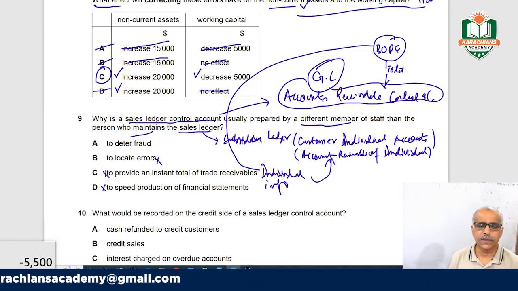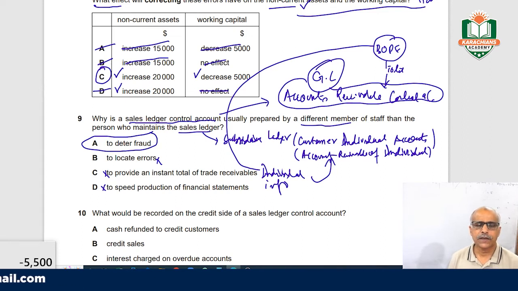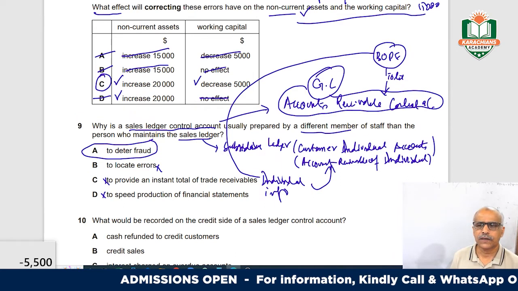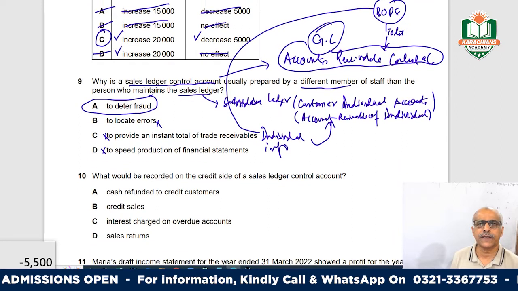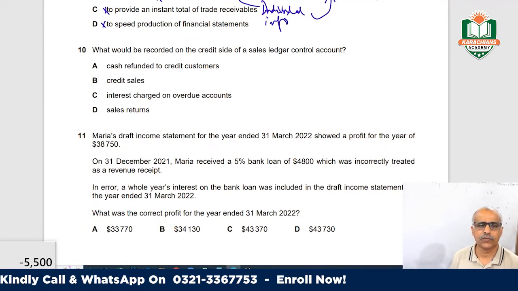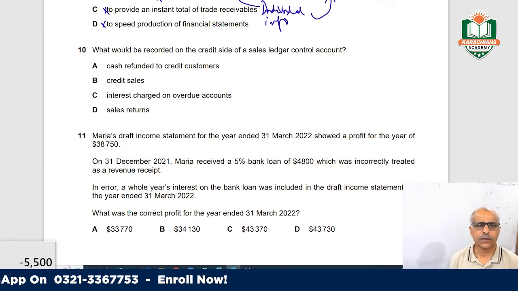The main purpose is A, because through the control account you avoid fraud. The person maintaining the subsidiary ledger cannot do any fraudulent activity. So the answer is A.